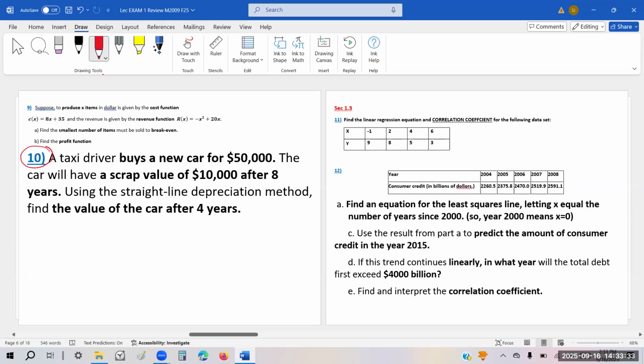Then 1.3, I'm going to give a small data set, like 3 values for x and y. And then you're going to find y equals ax plus b, the line of best fit.